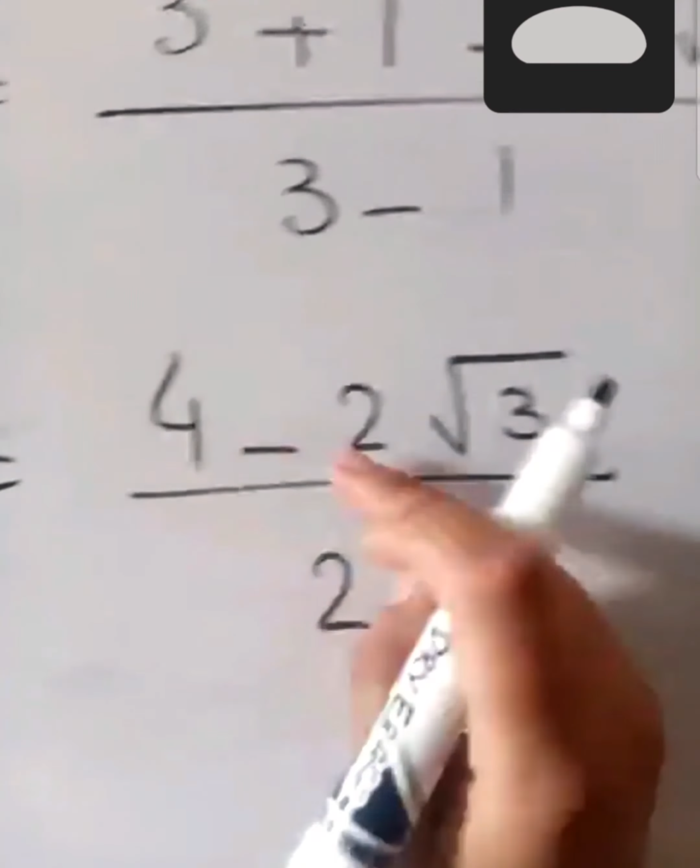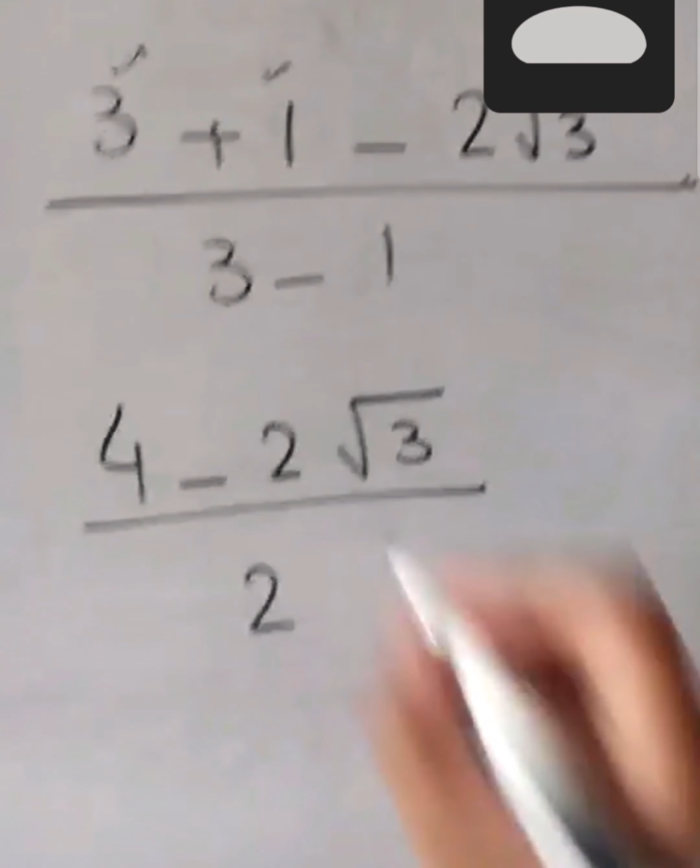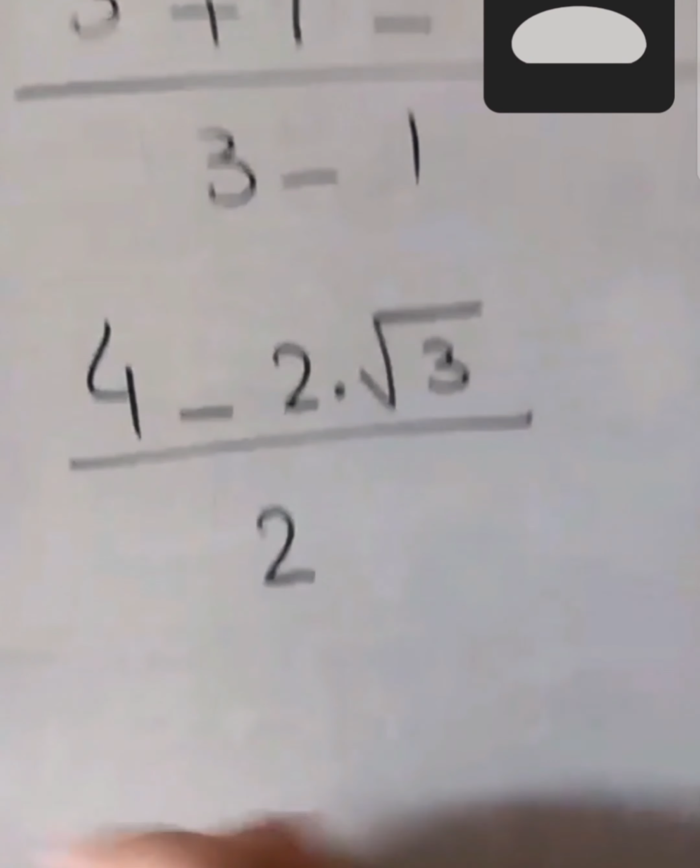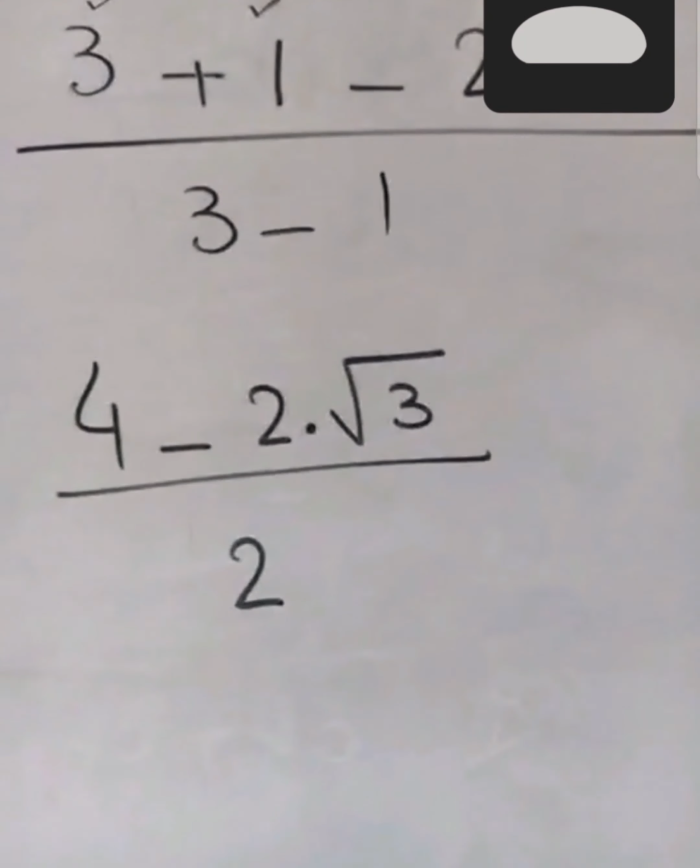Is it clear till here? Yes, ma'am. Now look, this 4 and minus 2. Can we subtract them? No, ma'am, because it is in the multiplication form. But do you know taking common? Yes, ma'am.